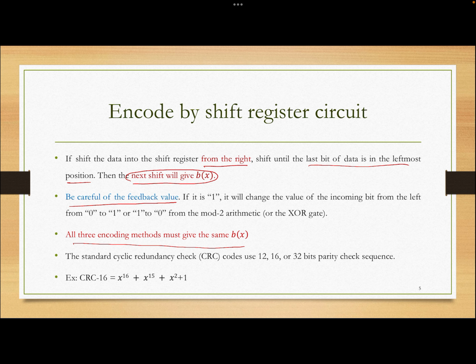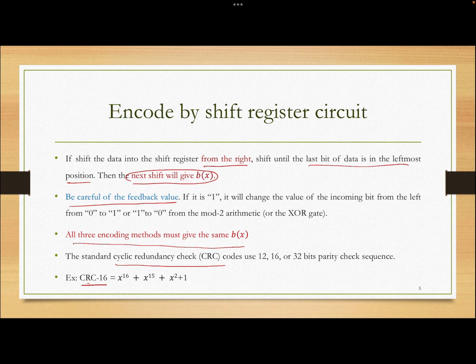Now the standard cyclic redundancy check, CRC, code. Cyclic code is the general name that we use in the field, but in the standards there are other names, for example cyclic redundancy check or CRC. So in the standard, you say something like CRC-16. This means that we have a 16-bit parity check sequence.